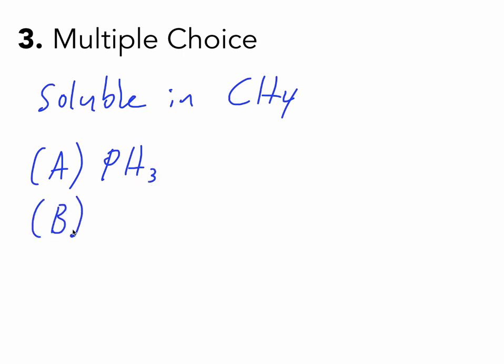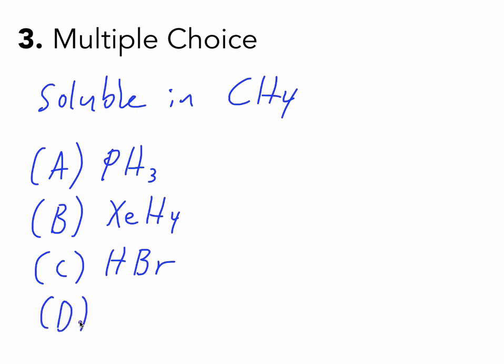The second one I'm going to draw up here is going to be XeH4. The third one I'm going to draw up here is going to be HBr. And the fourth one that I'm going to draw up here is going to be H2O. Press pause and solve that problem.